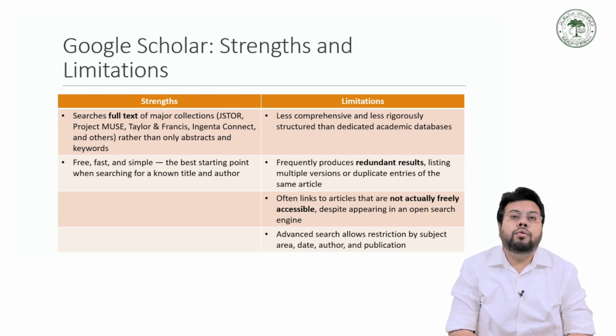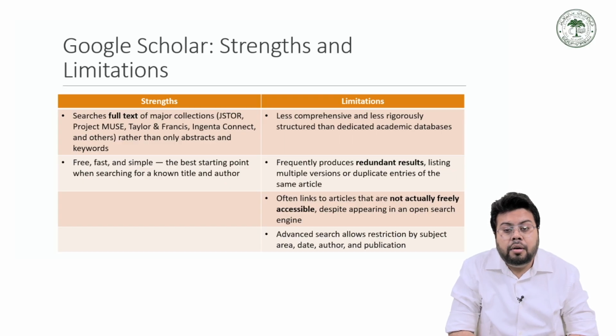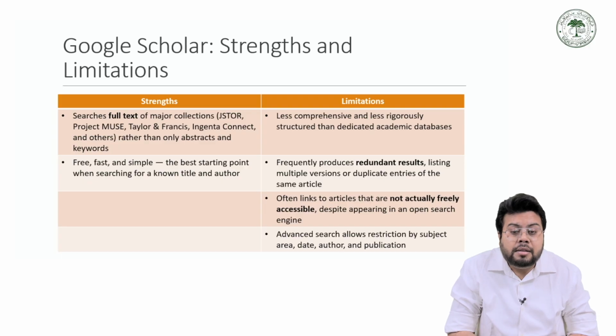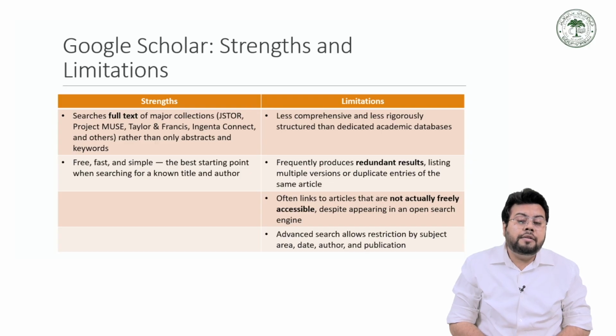Google Scholar will also help you link to an article that you still cannot actually access for free. The search engine itself is open, but the content behind the links frequently is not.